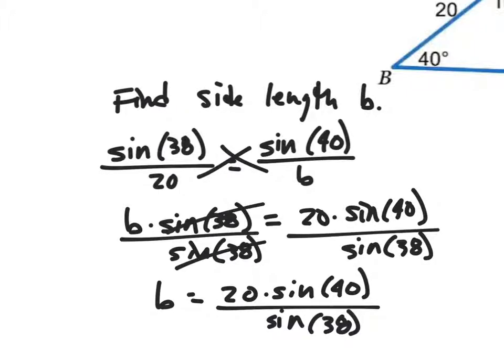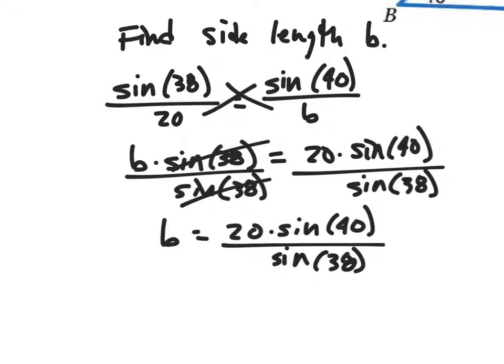So go ahead and plug that into your calculator. What do we get? Okay, so we get that B has a value of 20.881, or an approximate value.